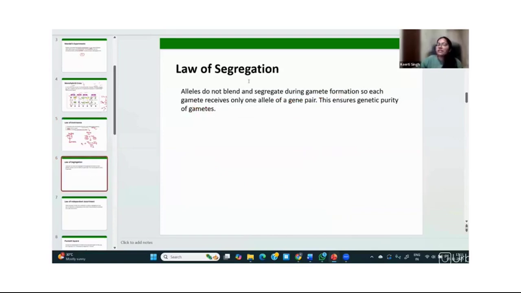Next law was law of segregation. This law of segregation states that alleles do not blend, do not get mixed, right? They will segregate during the gamete formation. It's not like these two alleles get mixed.